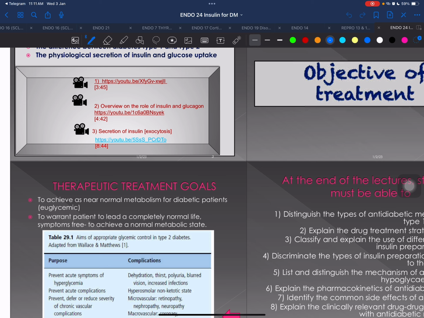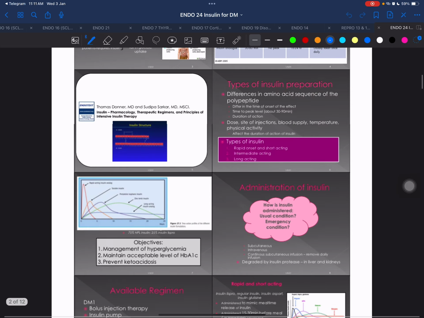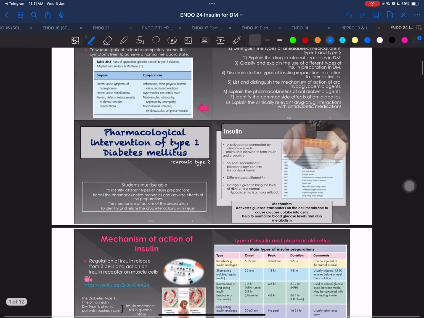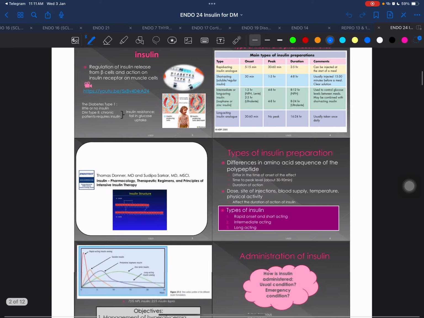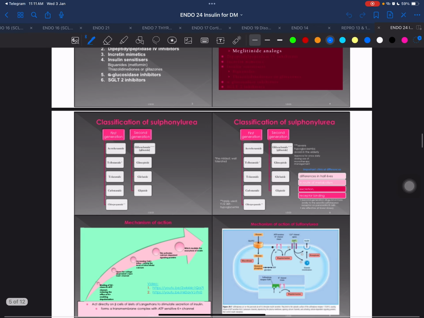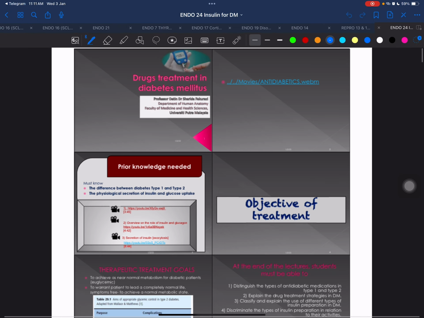So for each of the process, saya harap kamu hafal dan kamu tahu proses apabila glucose tinggi, and then it will be uptake through the GLUT transporter to protein, and then there will be closure of ATP sensitive potassium channel.